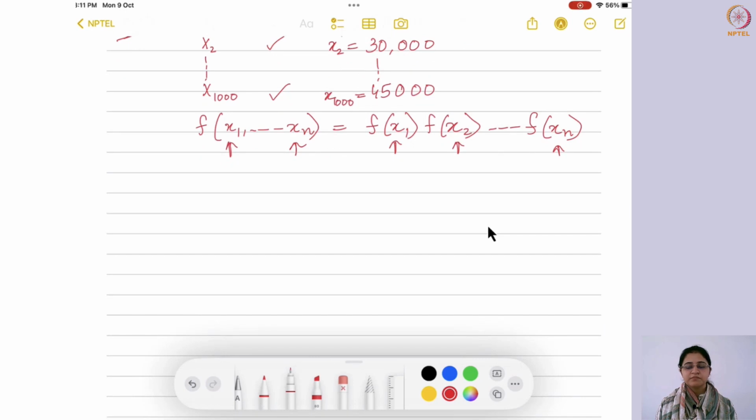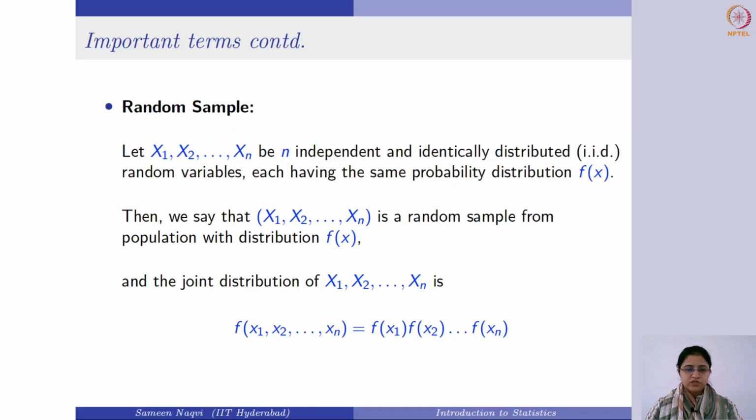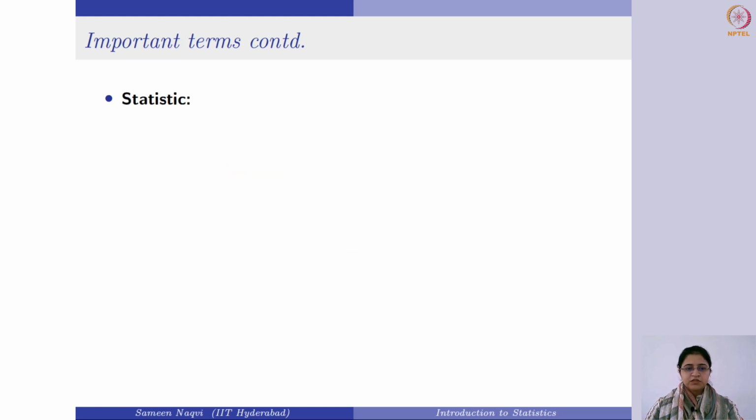So random sample basically refers to independent and identically distributed random variables. Okay, so we just now have seen this. The next term that comes is your statistic or your sample statistic.